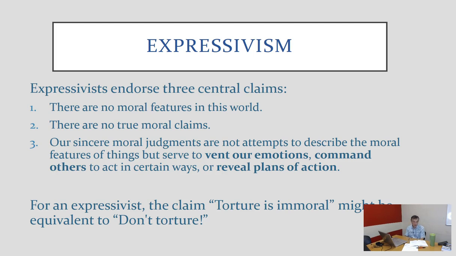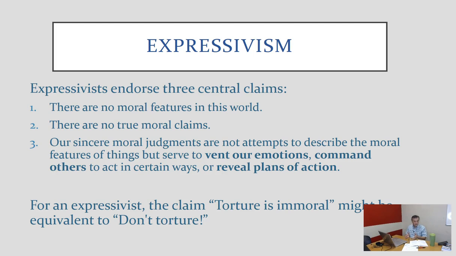However, unlike the error theorists, expressivists think that morality is not an error in our thinking, but that they reject the third feature, that our sincere moral judgments try and always fail to describe moral features of things. So the move that the expressivist makes is to say, no, that's not right.